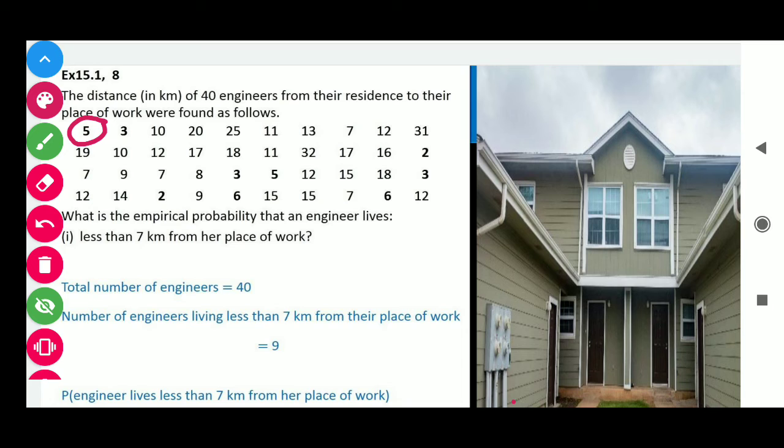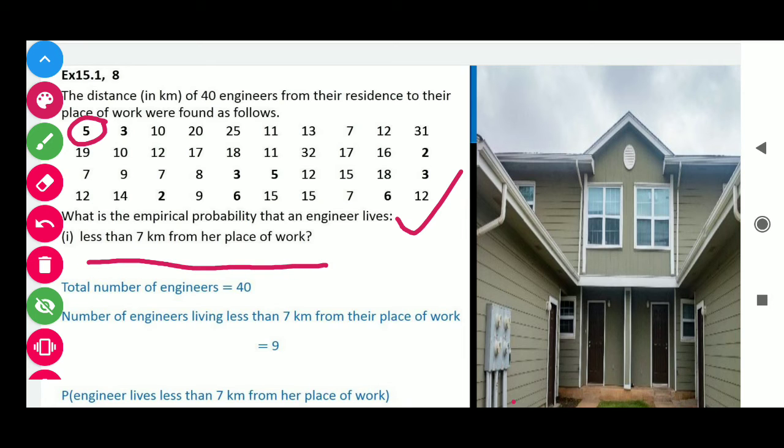Similarly, we have noted down the distance between residence and the place of work as follows. What is the empirical probability that an engineer lives less than 7 kilometers from her place of work?